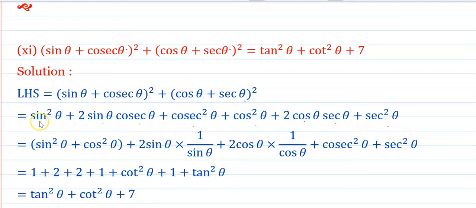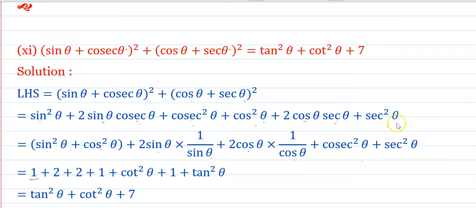Now here we bring the sin square theta and cos square theta terms together. Then you will get sin square theta plus cos square theta, that is 1. Next, what about the middle term? 2 sin theta into cosec theta. The reciprocal of cosec is sin, and therefore 2 into sin theta into 1 upon sin theta. Next, 2 times cos theta into sec theta means 2 cos theta into 1 upon cos theta.